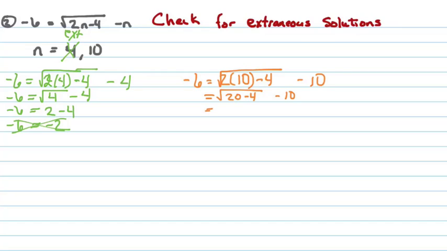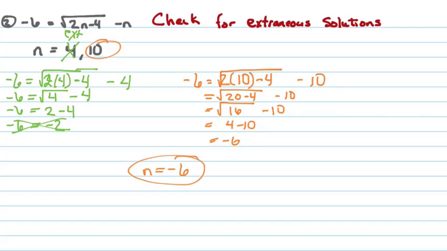So square root of 16 minus 10. And so 4 minus 10 is negative 6. So this one checks out. And so my solution on this one is n equals negative 6. That is the only solution I have.